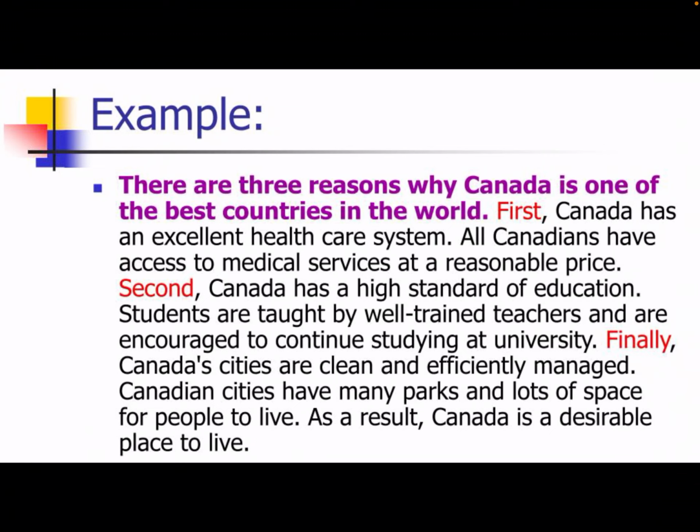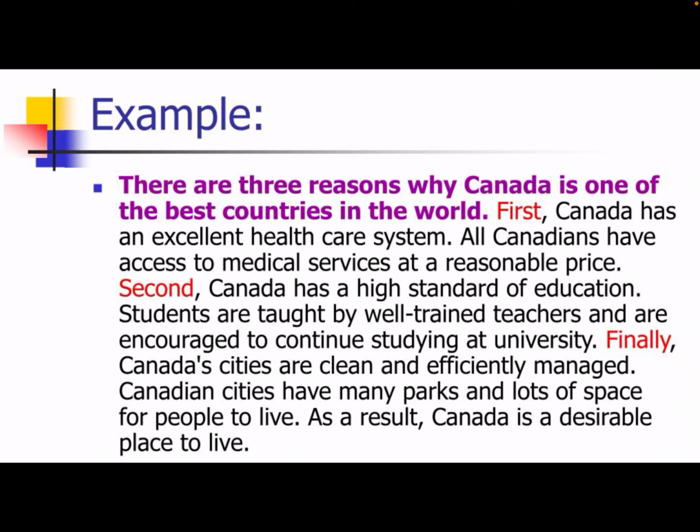Second supportive sentence: Canada has a high standard of education, which means their schooling, their education, is at a high standard, which means they have one of the best education systems. And then I talk about why Canada has a high standard of education.